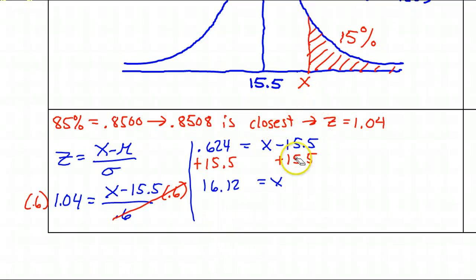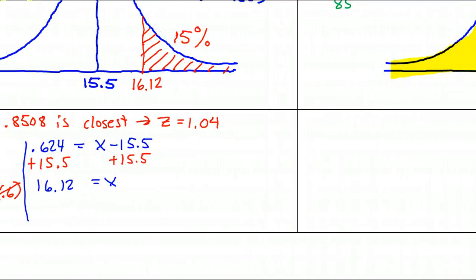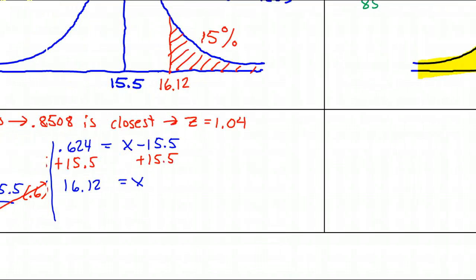So that is my next size. Let's go ahead and put that in the picture. Next size of 16.12 inches. So above that is my top 15%. Okay, so that is great.